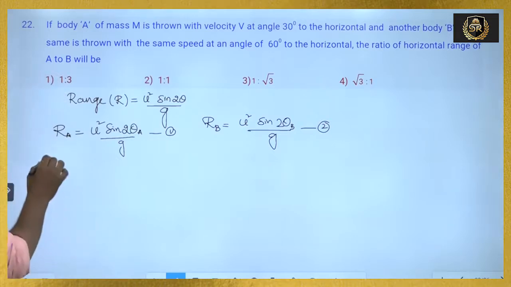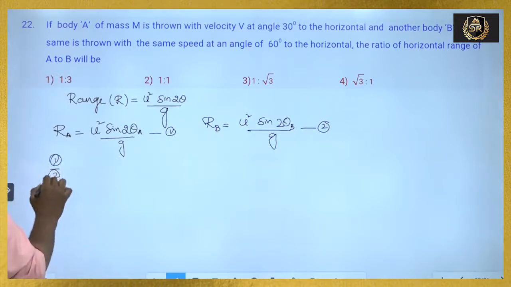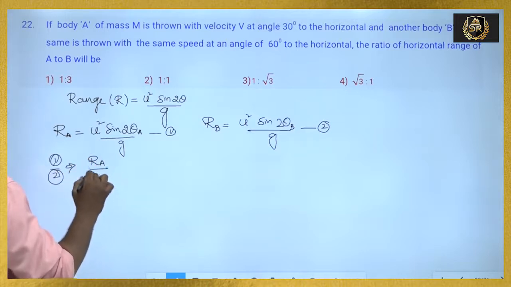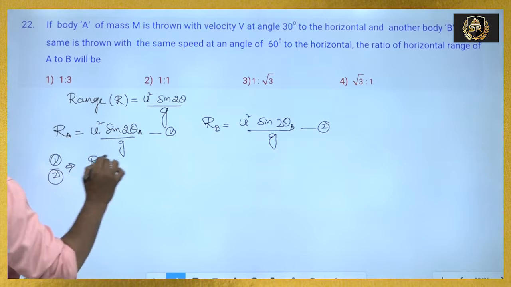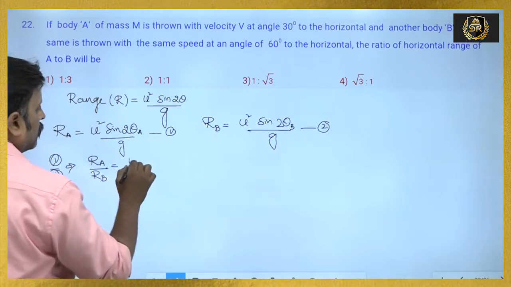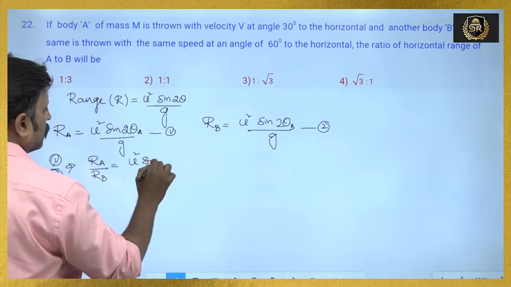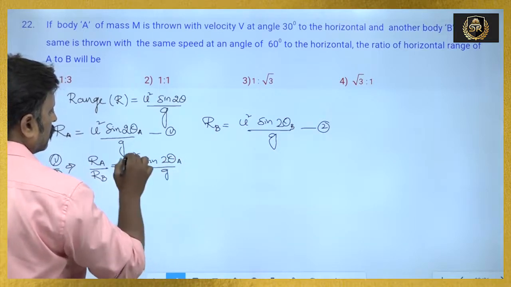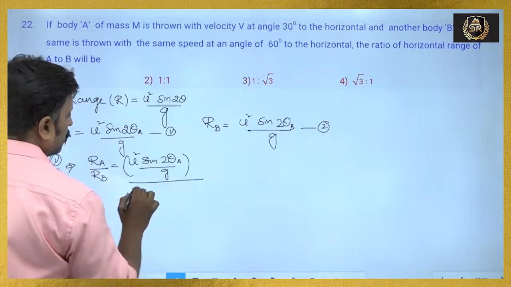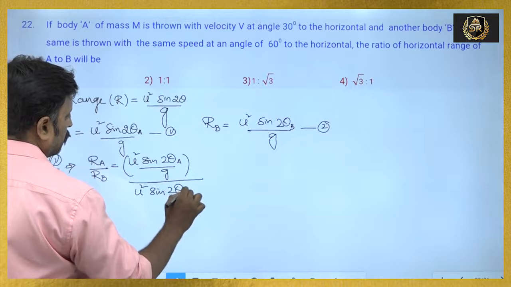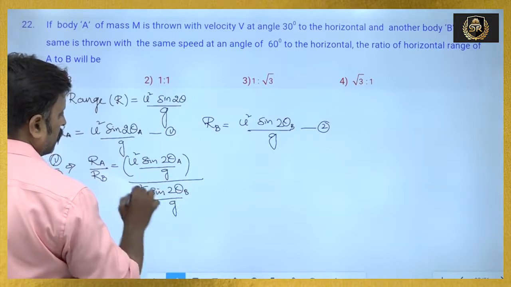Now simply divide these two equations, 1 by 2. Range A by range of the body B. How much are you getting? u square sin 2 theta A by g, whole divided by u square sin 2 theta B by g.